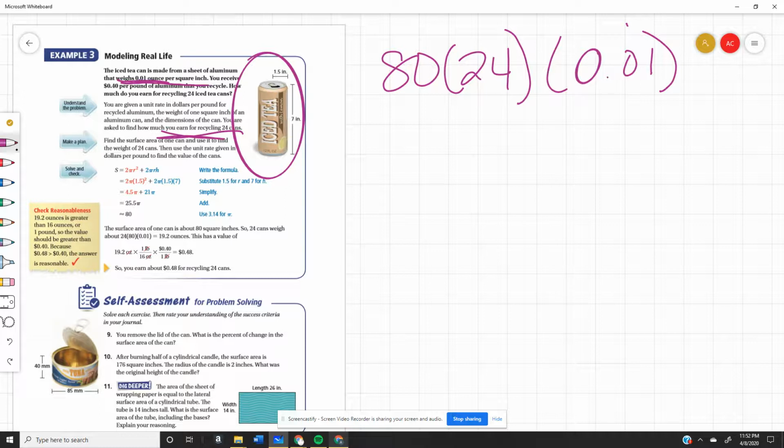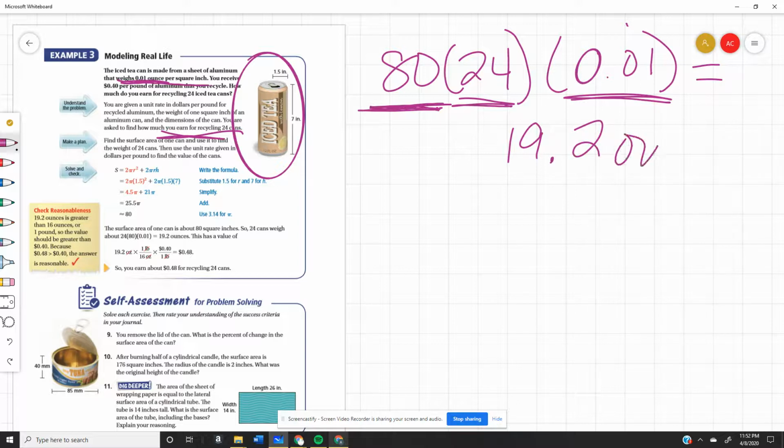So we have 24 cans. That's where the 24 cans comes in. Each can is approximately 80 square inches, and they weigh 1/100th of an ounce per square inch. So we're going to do 80 times 24 times 1/100th, and we get 19.2 ounces. So that means that in our 24 cans, we have approximately 19.2 ounces.